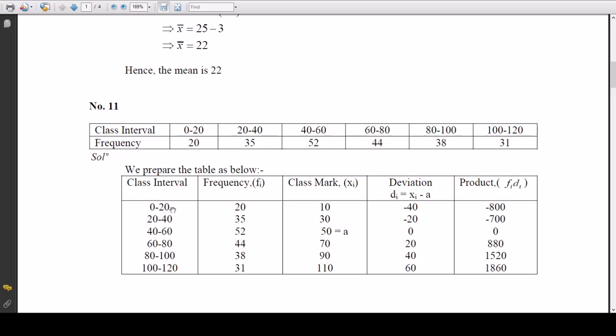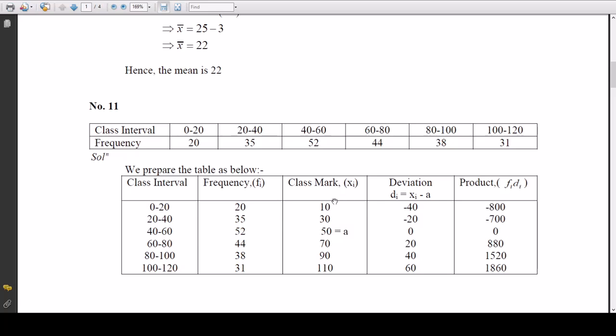0 plus 20 divided by 2 is 10. 20 plus 40 divided by 2, that means 60 divided by 2 is 30. 40 plus 60, 100 divided by 2, 50. 60 plus 80, 140 divided by 2, 70. This is how we get the class mark.